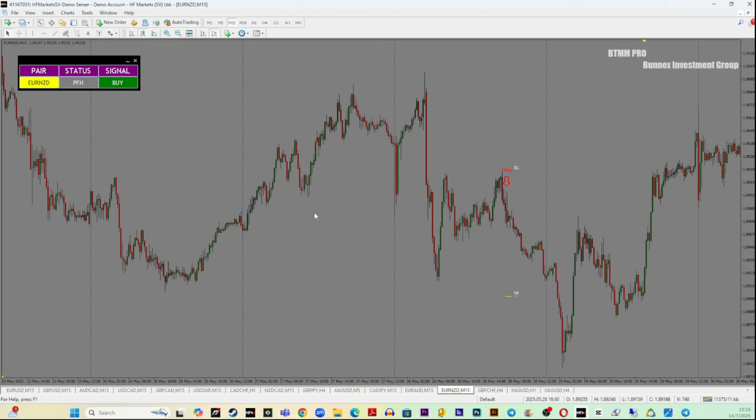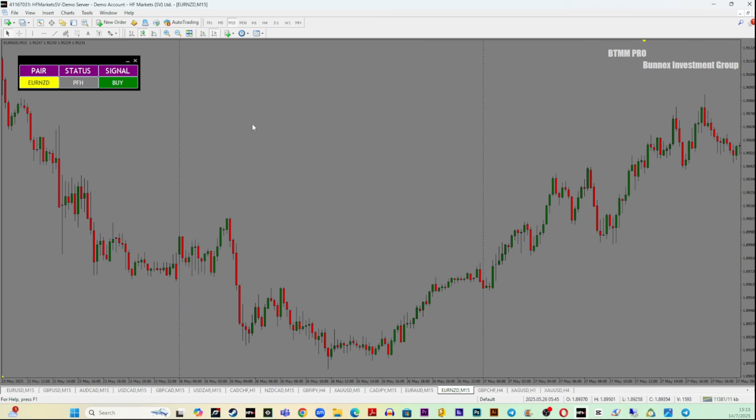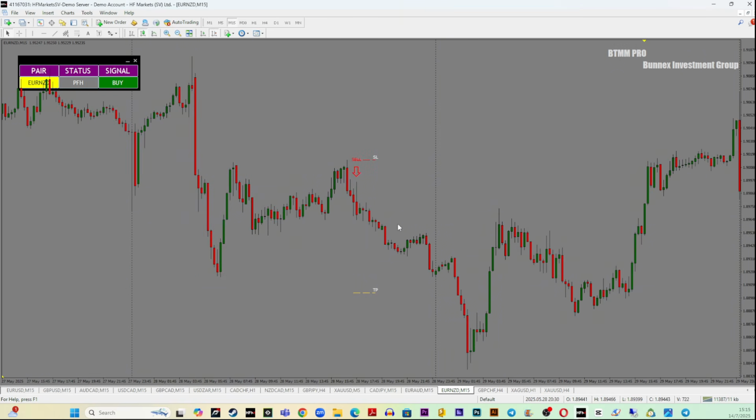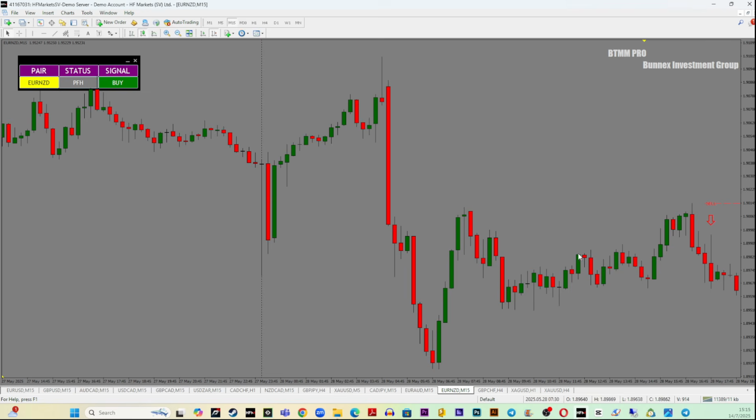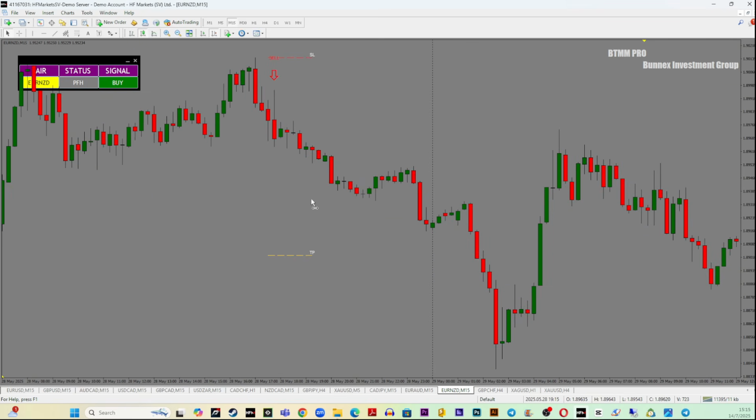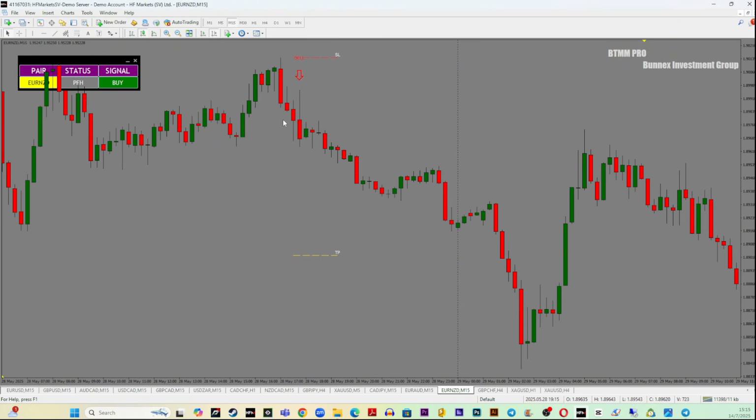In this particular case, I'm going to give you an example on Euro NZD, so that you can look at how it gives the signals. These signals are printed over the charts, and you can receive them on your phone if you have linked your MT4 or MT5 with your mobile.